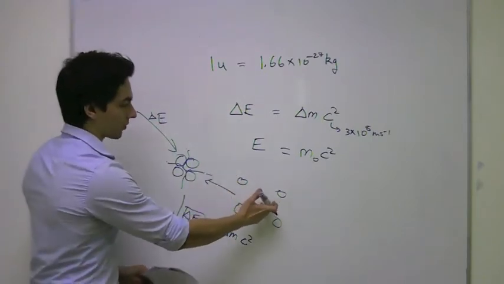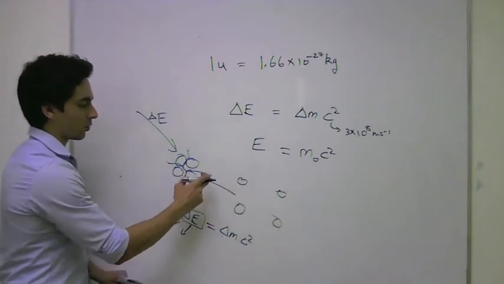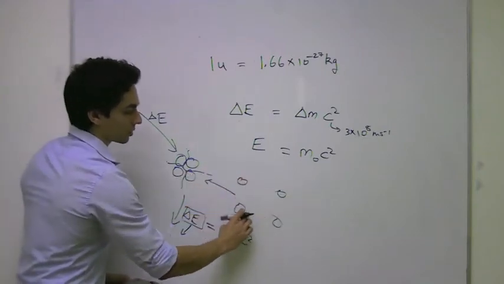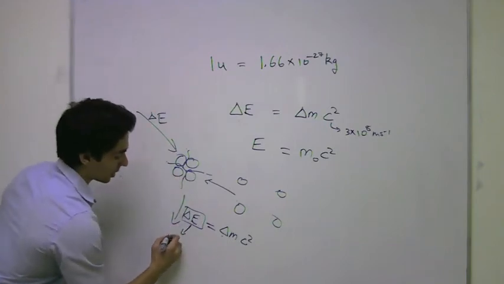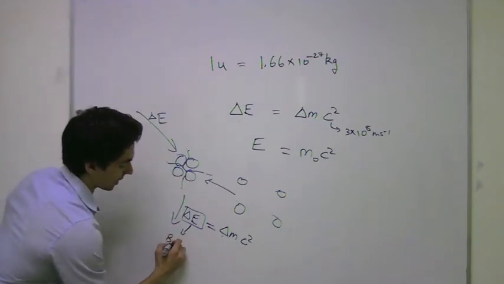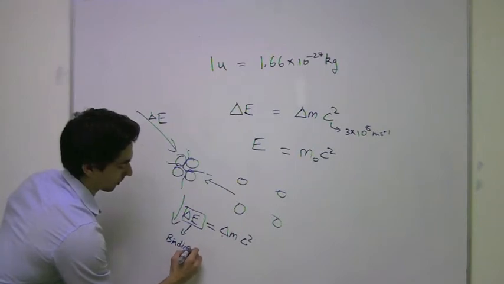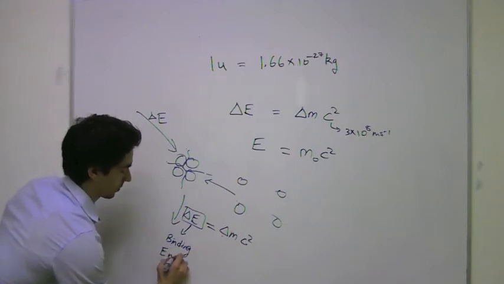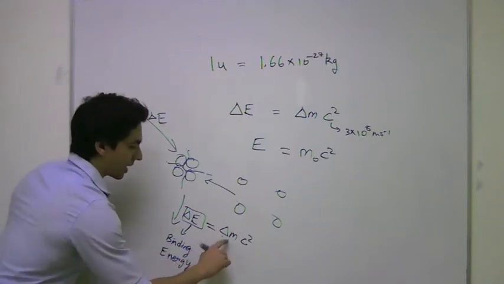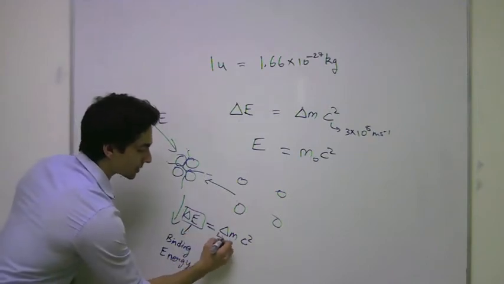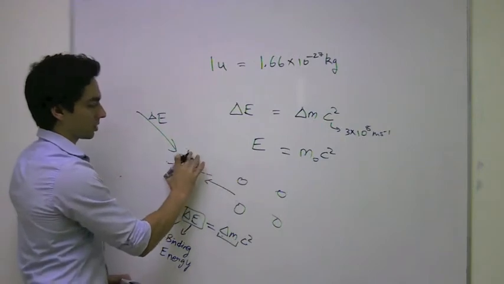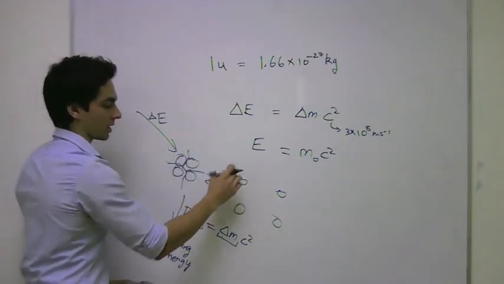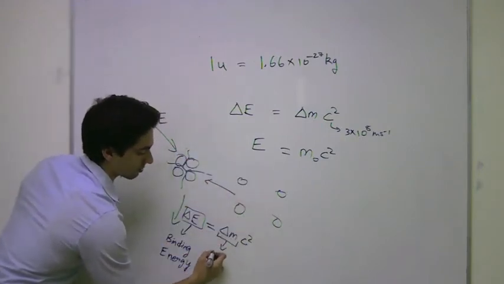I like to define it as the energy released when the individual constituents are combined to form the nucleus. This energy release is called the binding energy. And the corresponding defect in mass, because the combined mass is smaller than the individual masses, is called the mass defect.